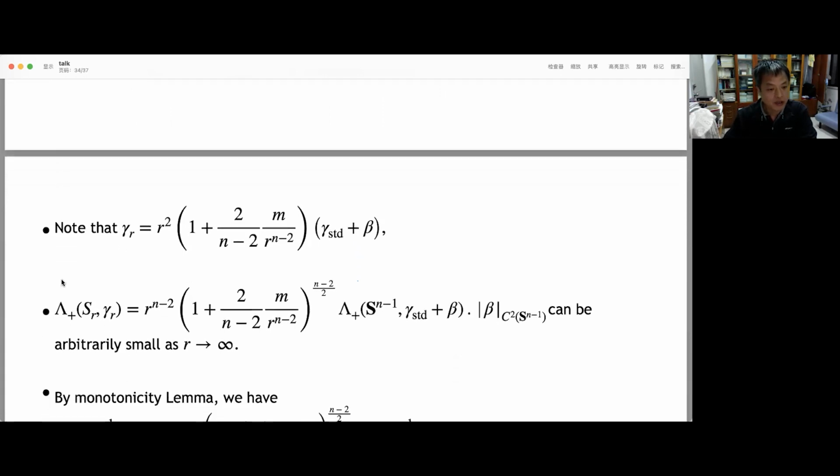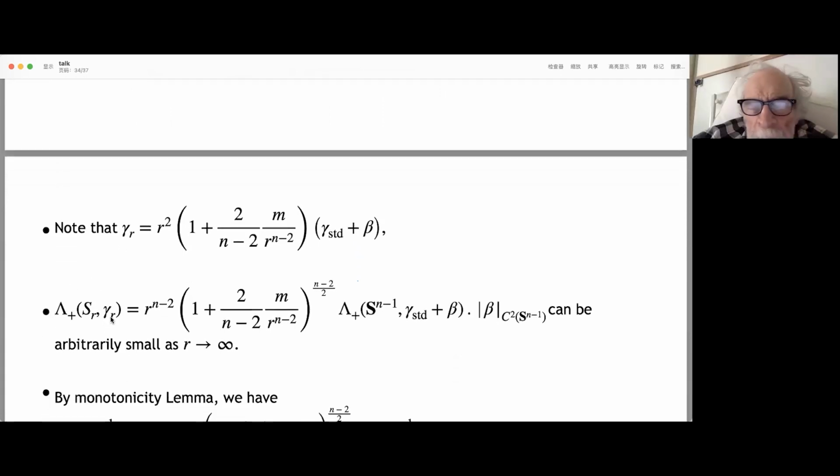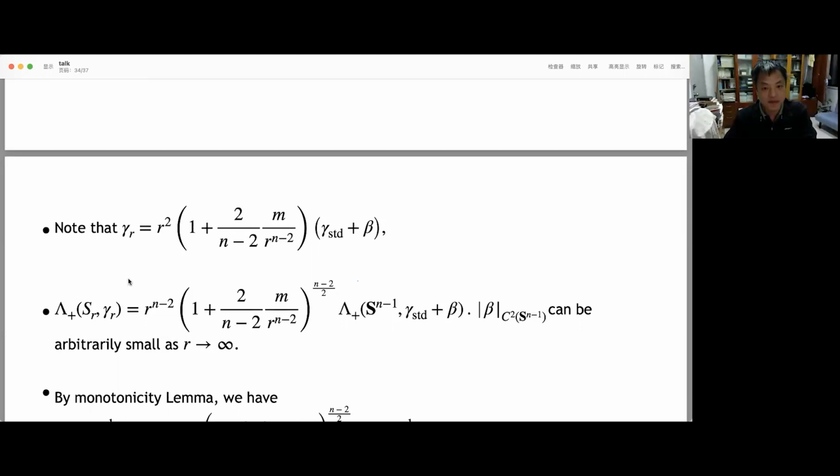Now, next we want to calculate the lambda plus of the coordinate sphere. Because the coordinate sphere is a level set of R, we see this is true. And beta is the error terms. We can estimate that the error term will go to 0 as R tends to infinity.